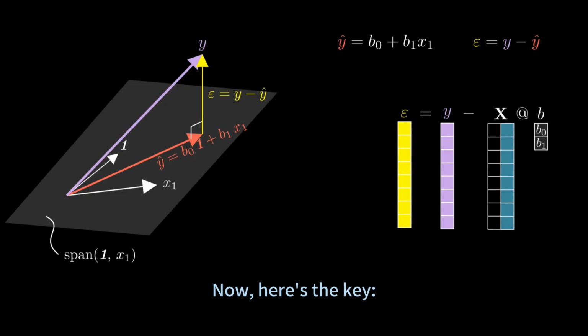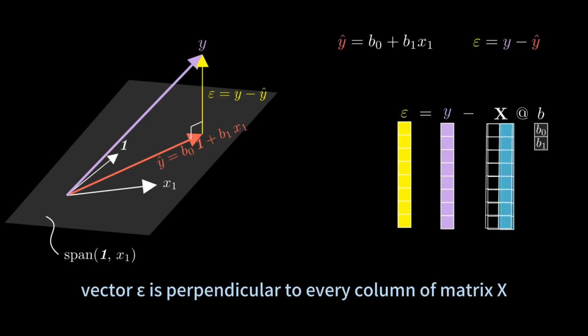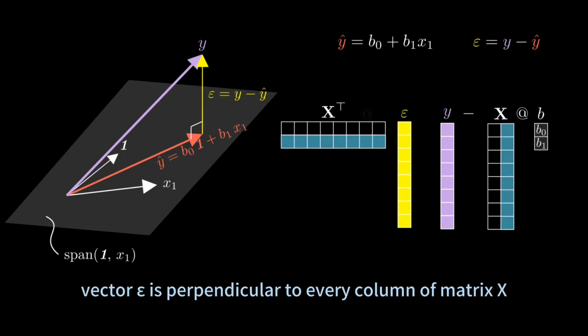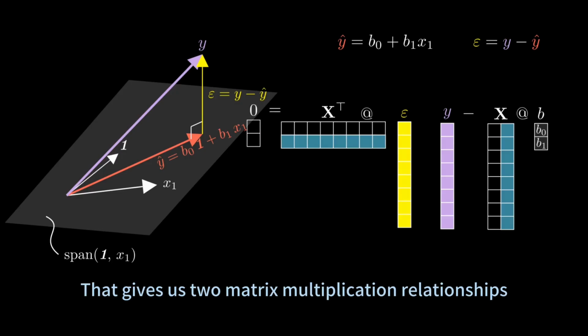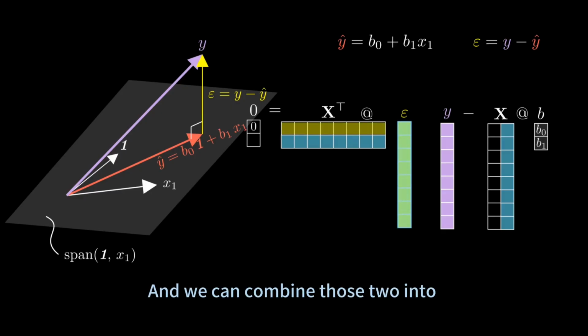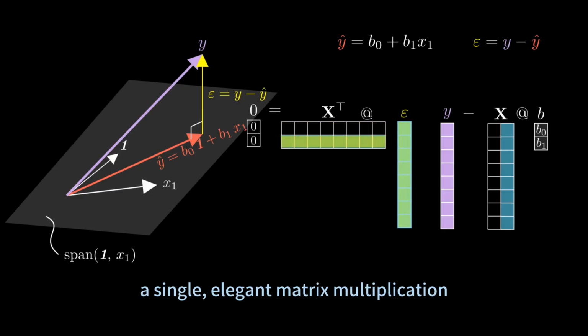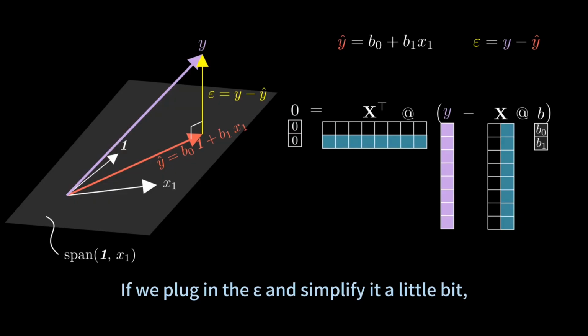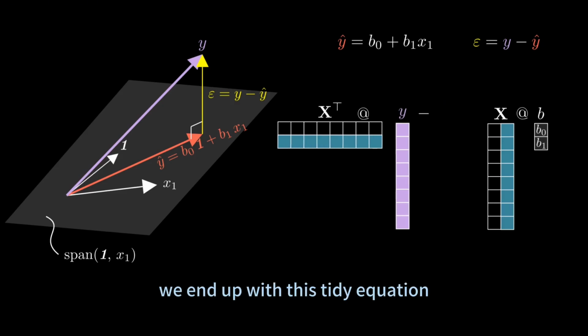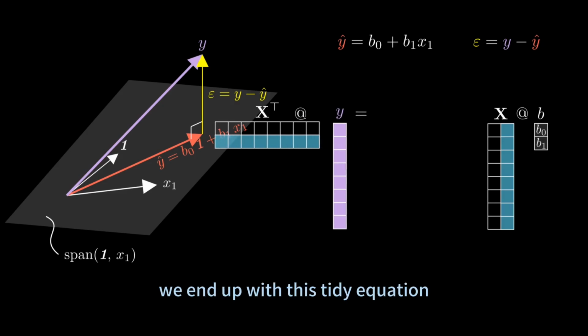Now here's the key. Vector epsilon is perpendicular to every column of matrix X. That gives us two matrix multiplication relationships. Now we can combine those two into one single elegant matrix multiplication. If we plug in the epsilon and simplify it a little bit, we end up with this tidy equation.